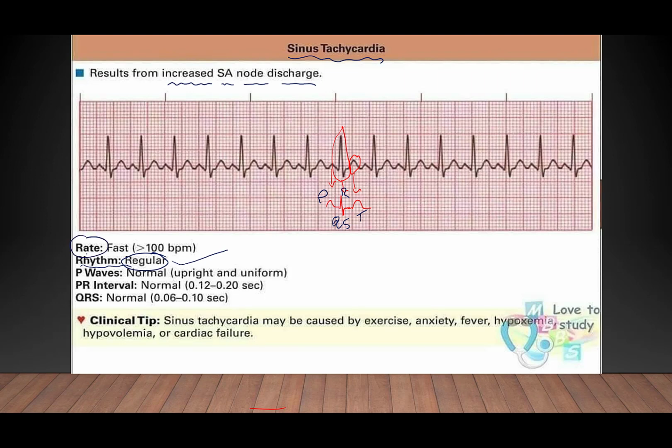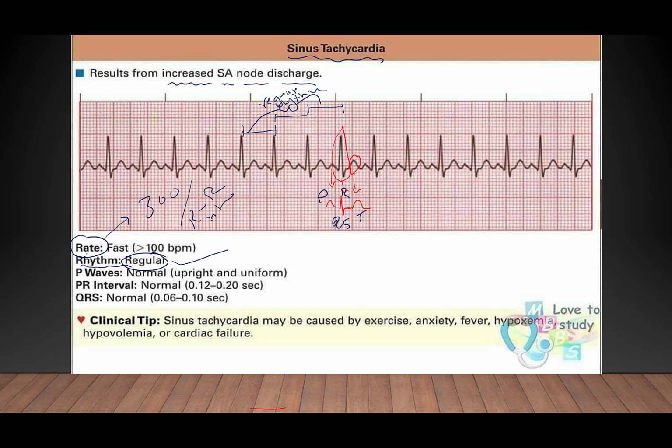So why do we say it's regular? If you look at this one, R to R is equal in duration from one R to another R of the QRS complex. Here it's normal and regular rhythm. Because of that, we calculate the rate as 300 over the R to R interval.